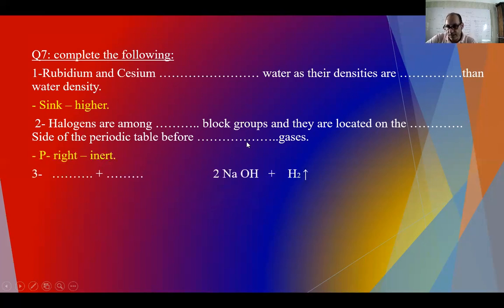Sodium plus water gives 2NaOH. I think that we have to write or draw something like this. It's the cursor.